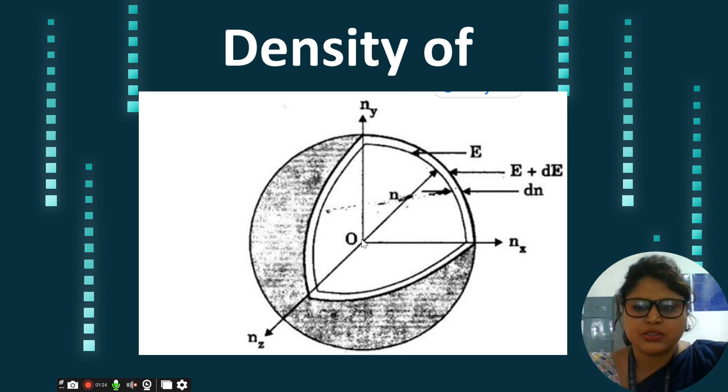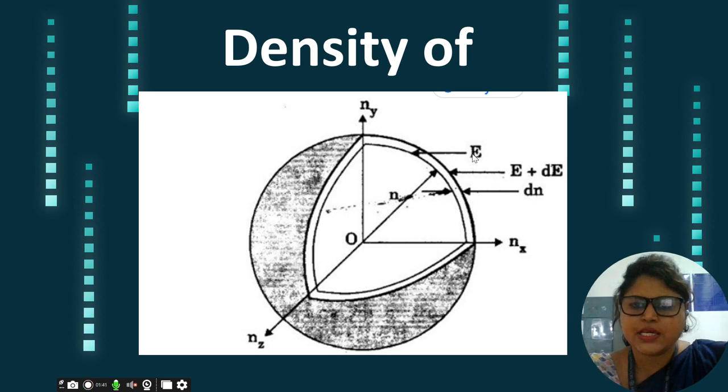The origin has nx, ny, nz as the coordinate axes. n is the radius of the inner shell, and dn is the radius of the small interval.